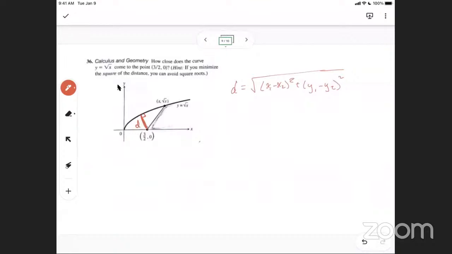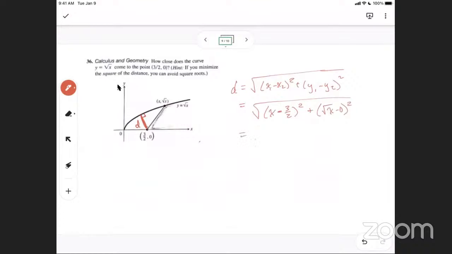So this equals the square root of the x coordinate is going to be x, because that's my x coordinate, x minus 3/2 squared plus the y coordinate is square root of x, because that's what this equation is, square root of x minus 0, which is just nothing squared, right?